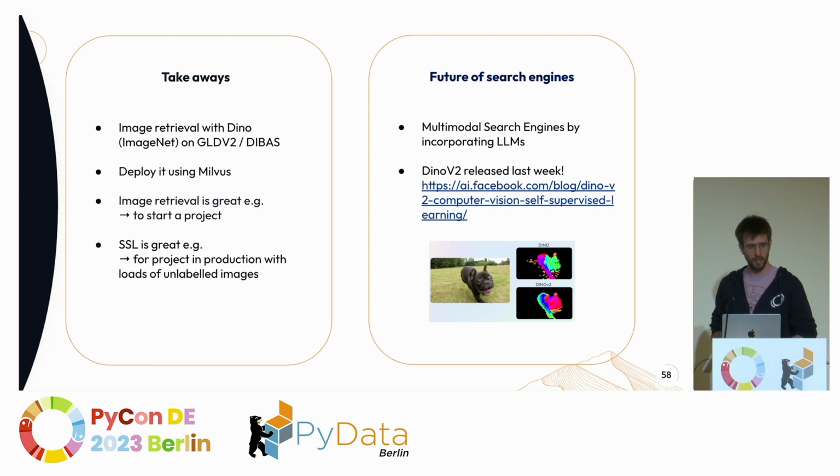So this is really inspired from what is going on in LLMs right now. And it's really recent, so we didn't try it yet, but it's similar to DINO, but with much better image representations. So we can simply reuse all that we showed you today and plug in DINO V2 instead of DINO.